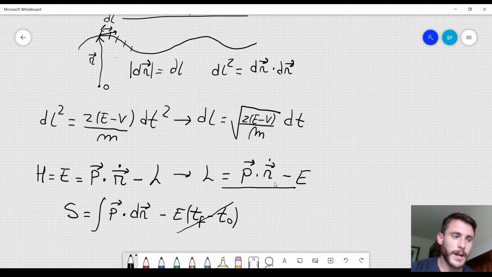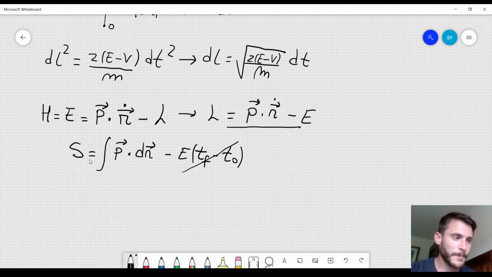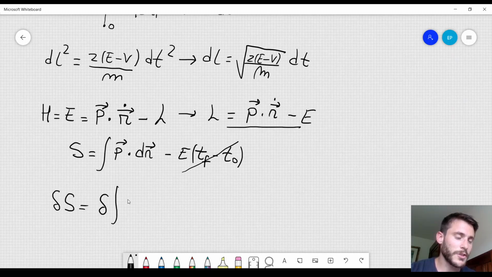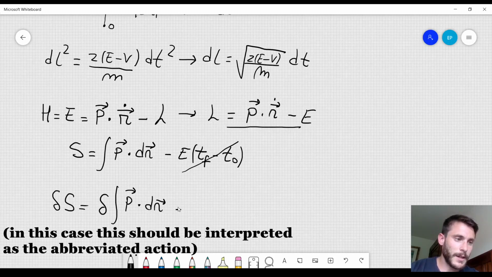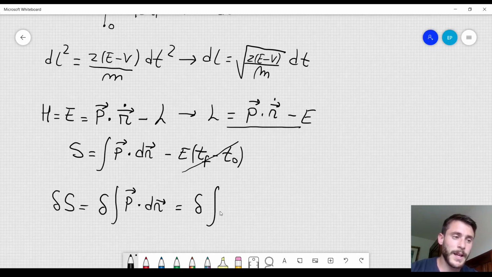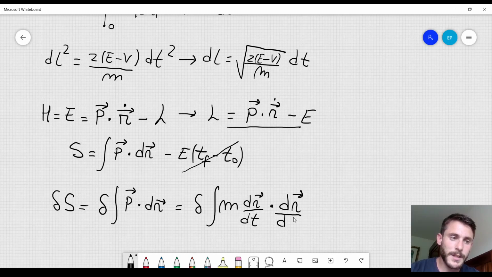Therefore, I can write the following. The variation of the action is just equal to the variation of the first integral, p dot dr. And I know that I can rewrite the momentum as the mass of the particle times dr over dt, which is the velocity, or r dot if you want. This is dot product with dr. And I can also divide this by dt and multiply by dt if I want.